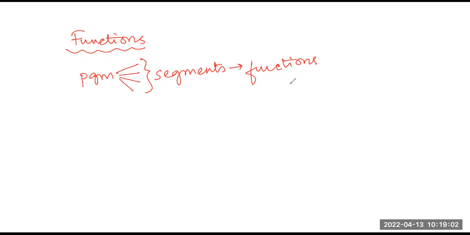So I can write the addition function separately, the subtraction function, multiplication function, division function, all these four segments I can write separately and I can merge them in a single program. This is the concept of a function.